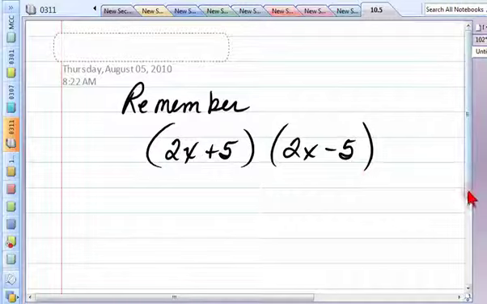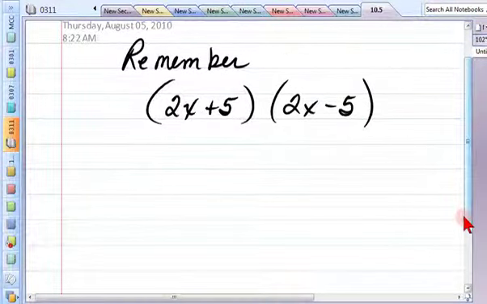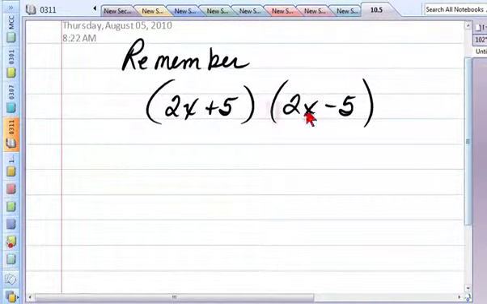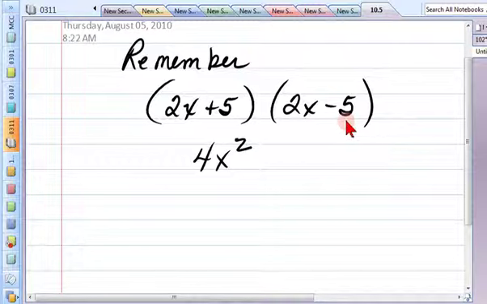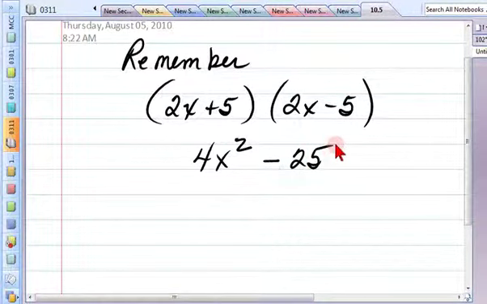Do you remember what happens when you multiply a sum and difference product? The outers and the inners cancel out. So I get 4x squared. Outer is negative 10x, inner is positive 10x. Those go away, and I have minus 25. I get the difference of squares. Okay, remember that.